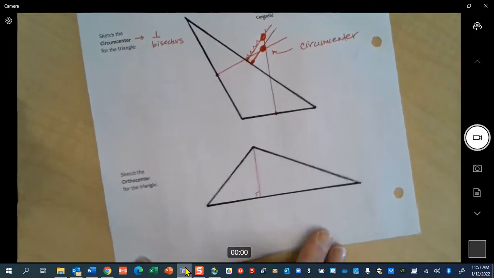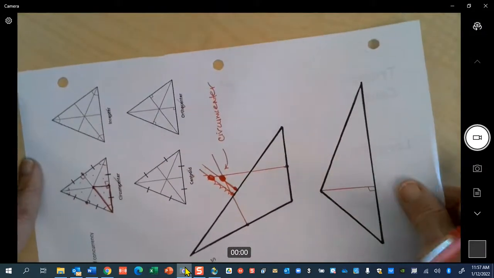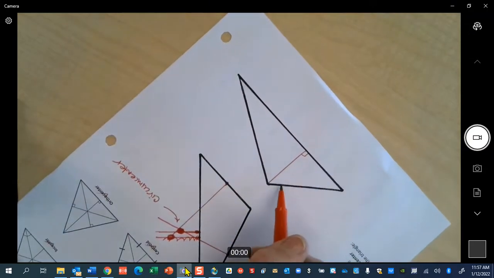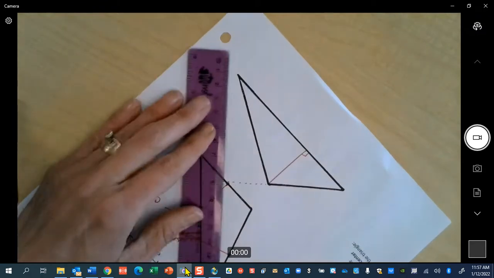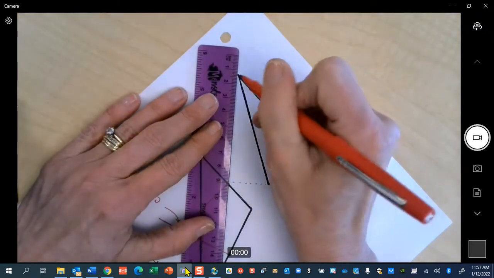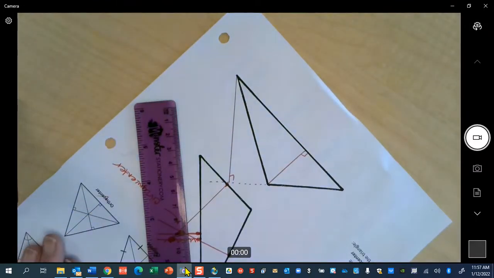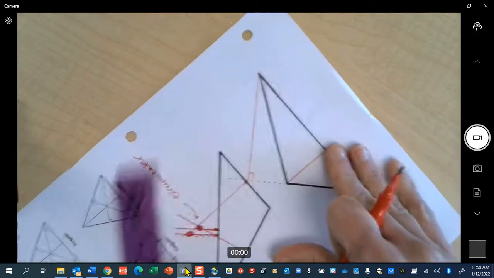But then spin your paper around and think about the fact that your altitude for this side is going to be outside of the triangle. When I talk about its distance straight down, this is my altitude here. So from this vertex down, it's outside of the triangle.